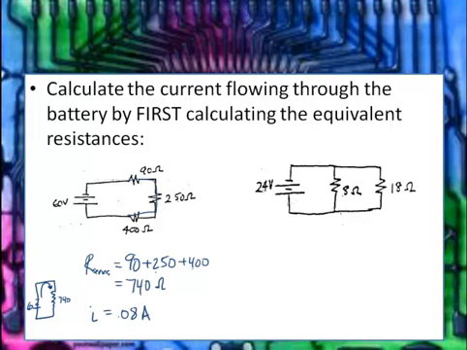Over here, we can find an equivalent resistance as well, but these are in parallel. So when they're in parallel, you have to add up the reciprocals and take the reciprocal of that. I like to write it like this: 1/8 plus 1/18, in parentheses. You could write 1 over that, but when I type it in my calculator, I will usually find the reciprocal button, which is a little -1 exponent.